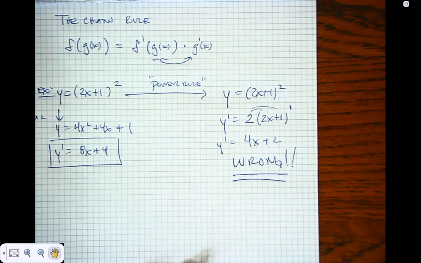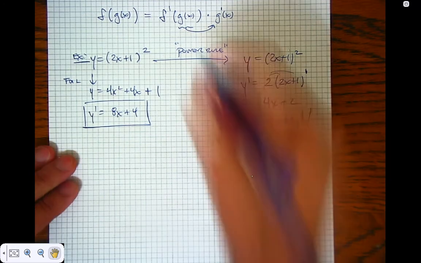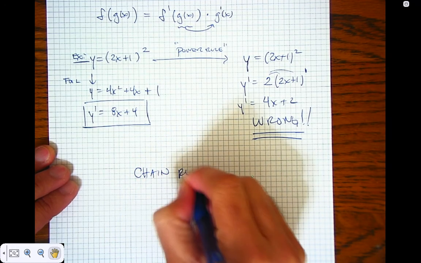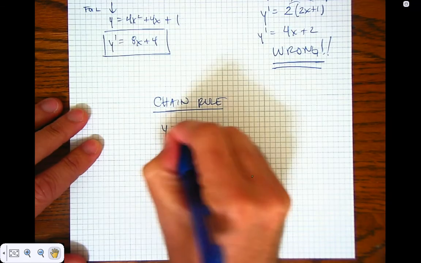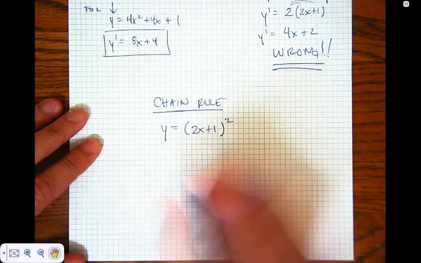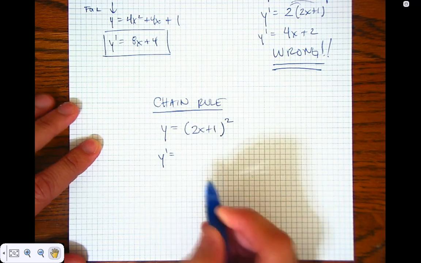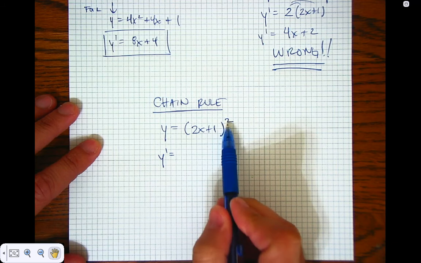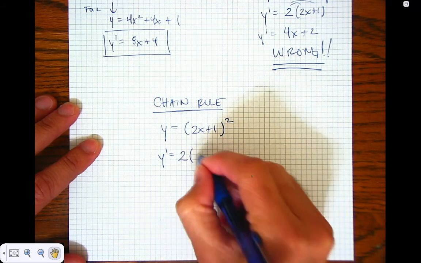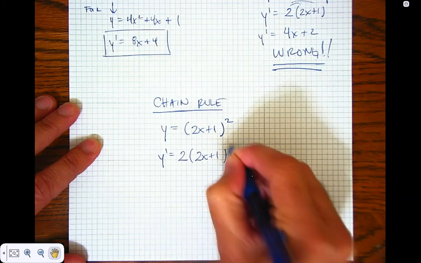And so let's do this using the chain rule, which I'll do lots more examples of in the actual notes. If you have y equals (2x + 1) to the power of 2, the chain rule simply says do the power rule that you're used to. So let's bring the 2 down. Let's multiply by (2x + 1) to the power of 1.